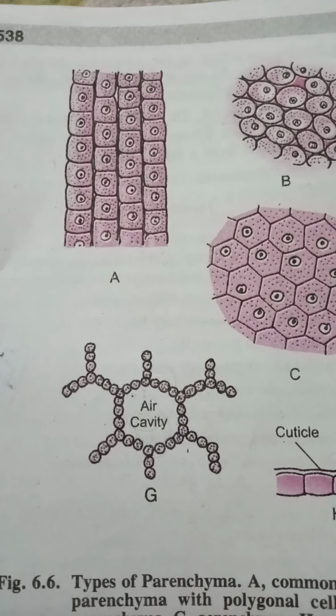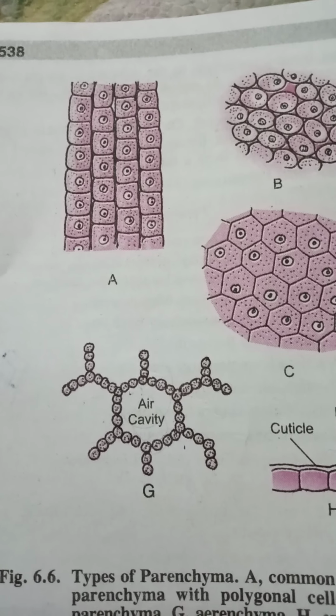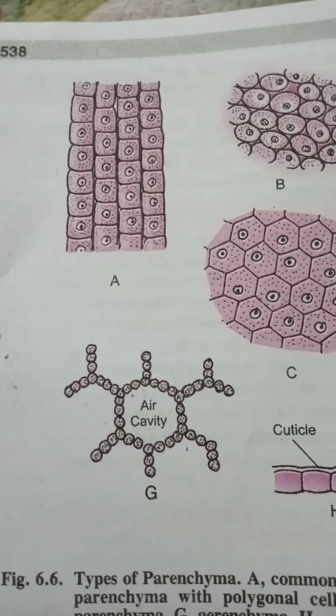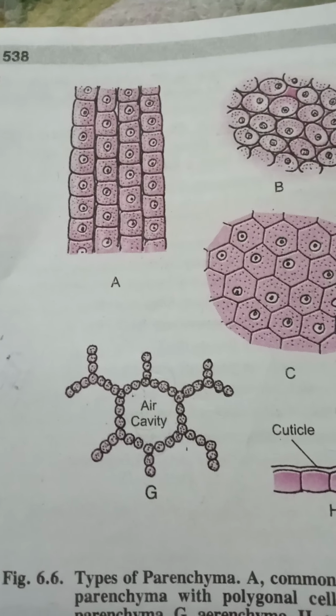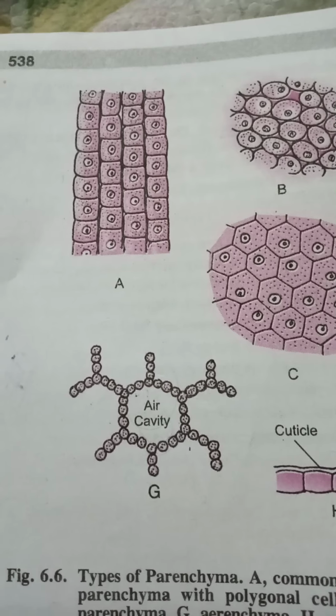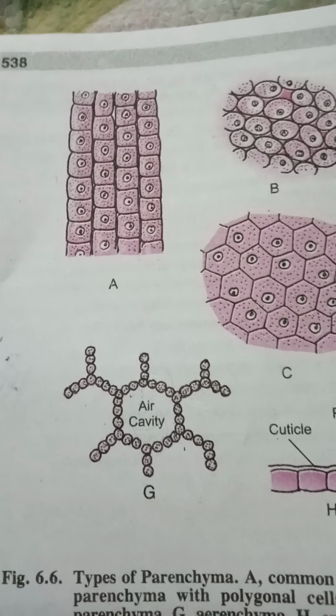That means one cell will divide and form all types of simple permanent tissues. Now they have a common origin. These particular tissues can again be subdivided into parenchyma, collenchyma and sclerenchyma tissues.